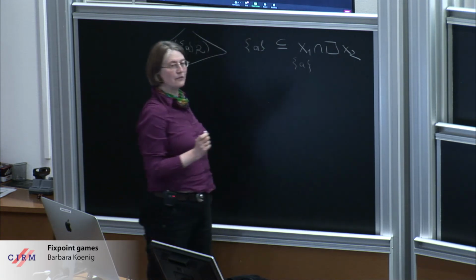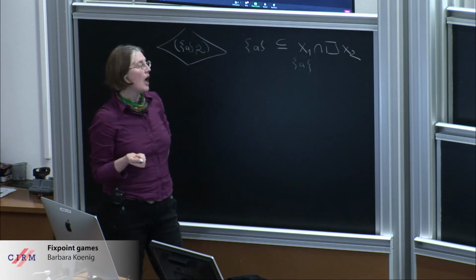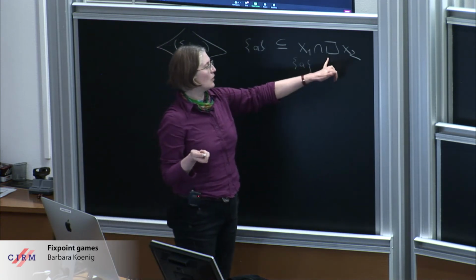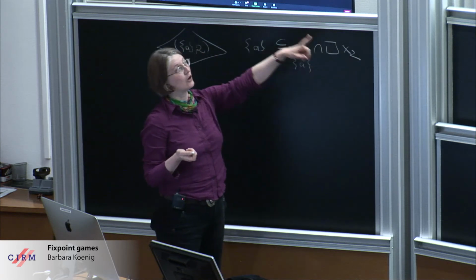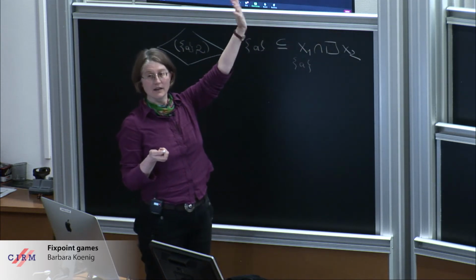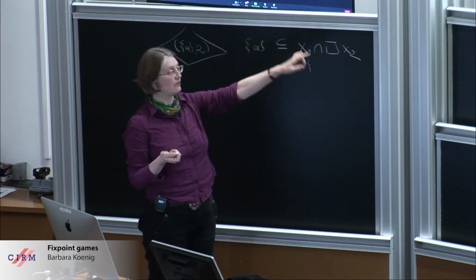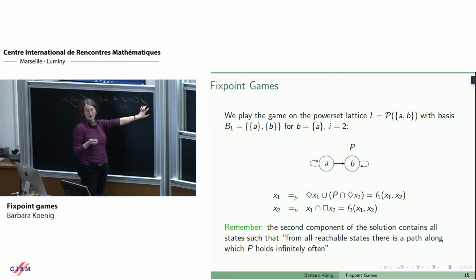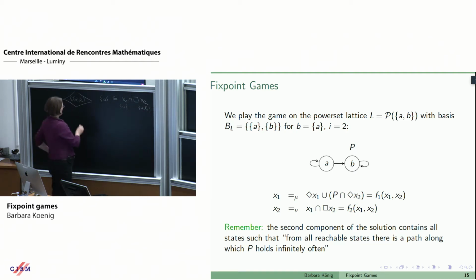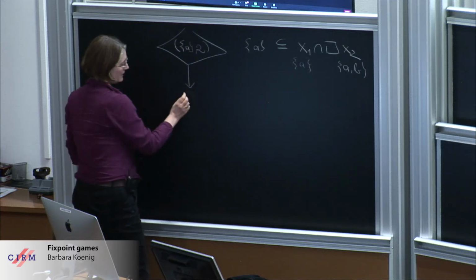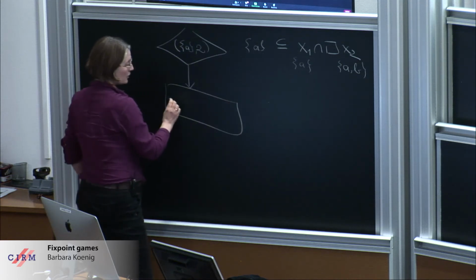And here we also have to get a set that contains A. In order to contain A, we must give all the states, because A has successors A and B. If you put the set {A, B} here, then A will be contained, because all successors of A are in this set. If it's a smaller set, A will not be here. So Eve should play this, and we go to a position of Adam.